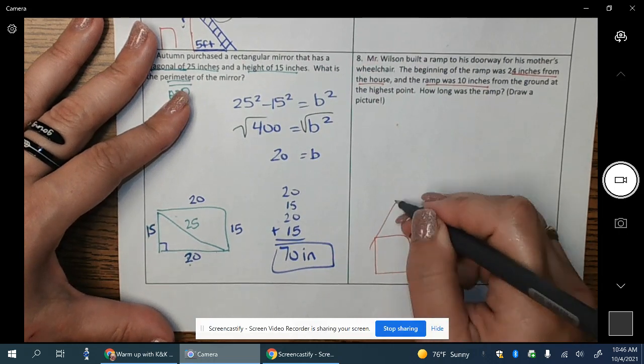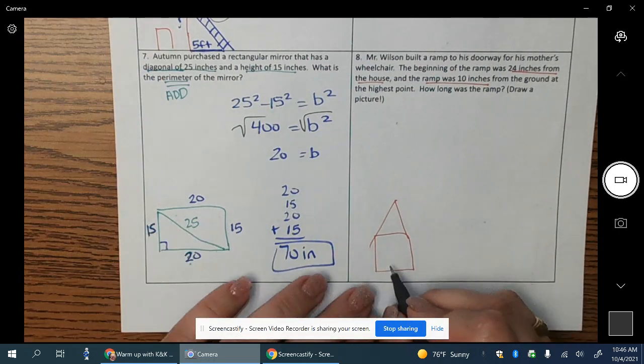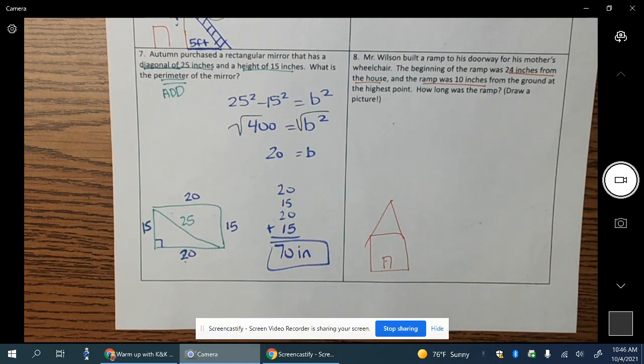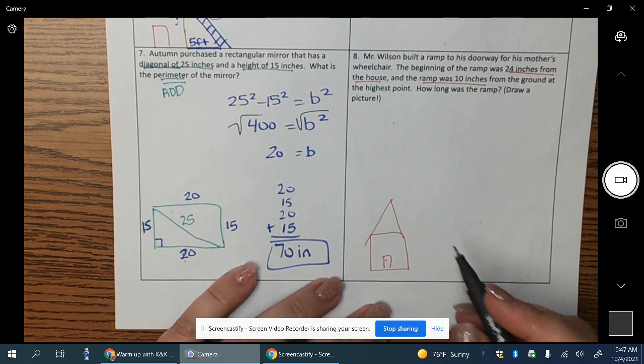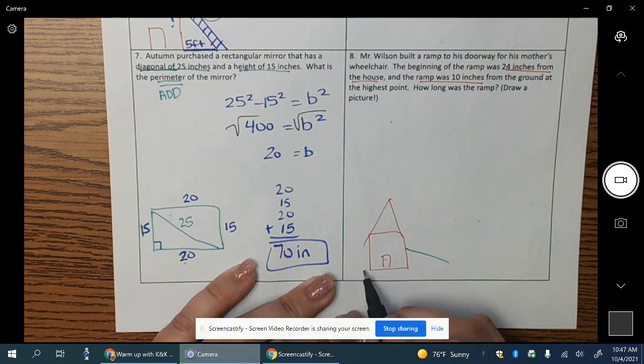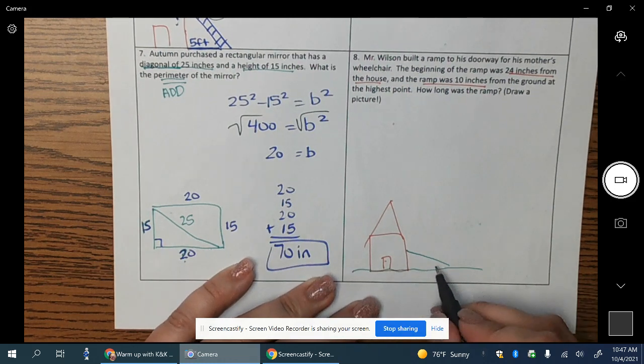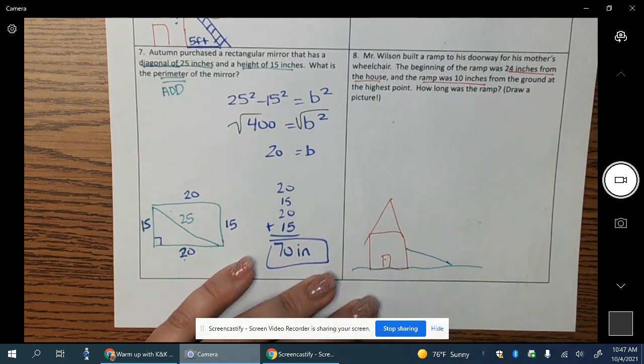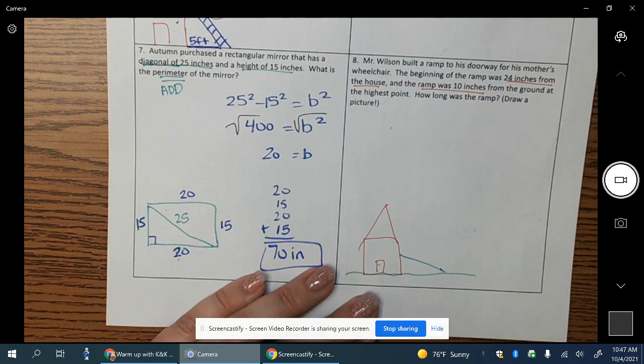So draw your house. Because the Pythagorean theorem part is right. Oh, that's a terrible house. Okay, so there's my house. The beginning of the ramp is 24 from the house. So there's the ramp. Which part, is that a leg or a hypotenuse?